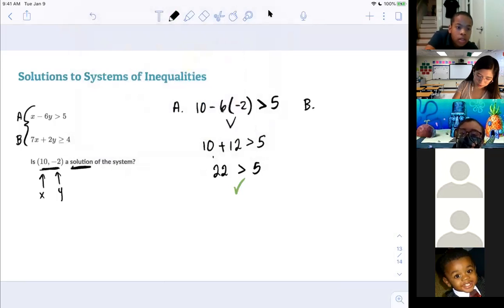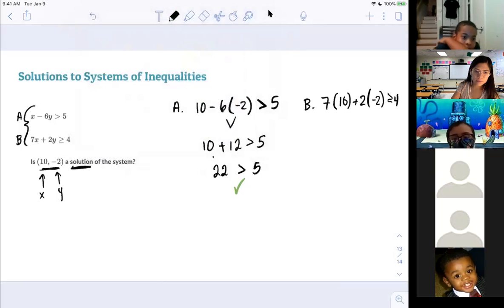Now I do it with inequality B. I'm going to plug in 10 for X, -2 for Y, and see if I get something that makes sense. 10 times 7? 70. 2 times -2? -4. 70 minus 4? 66.